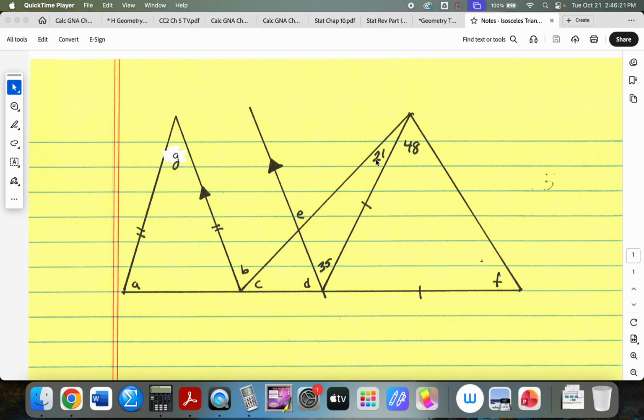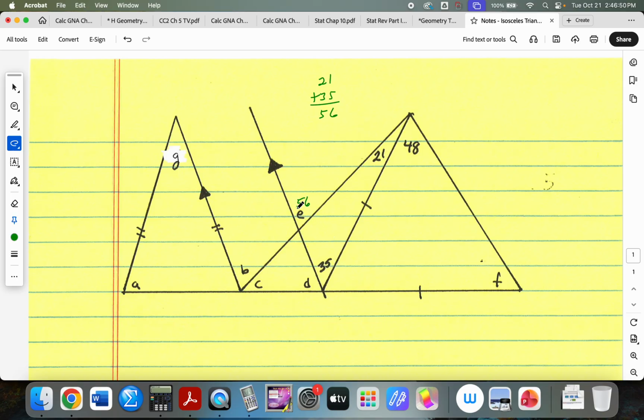For example, this triangle, I've got 2 out of the 3 angles, right? We've got the 21 and the 35. If I add those together, you get 56. That's angle E. The exterior angle is equal to the sum of the 2 remote interior angles.